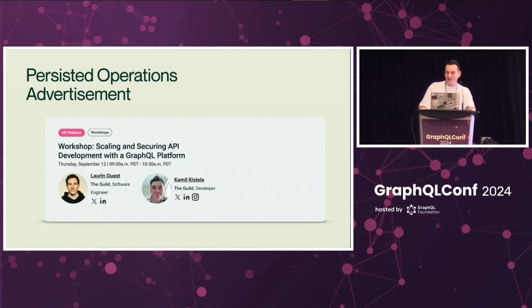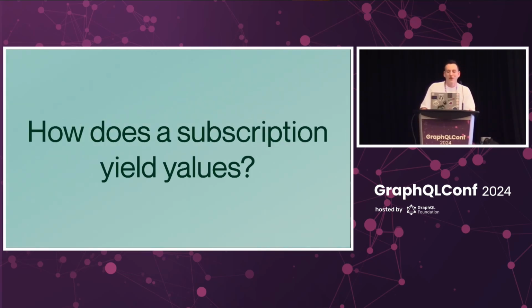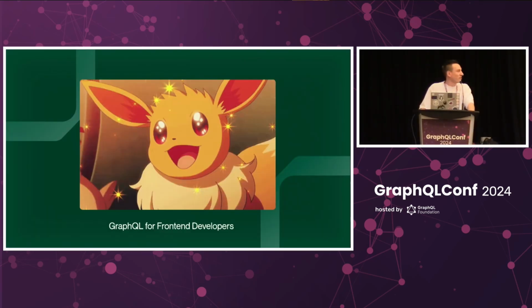But let's go back to the subscriptions. There's more than just a protocol, right? We just covered a protocol. But in order to make use of the protocol, we first need some data. So how does a subscription actually give us some data? Well, GraphQL things are usually easy for the front-end developers.